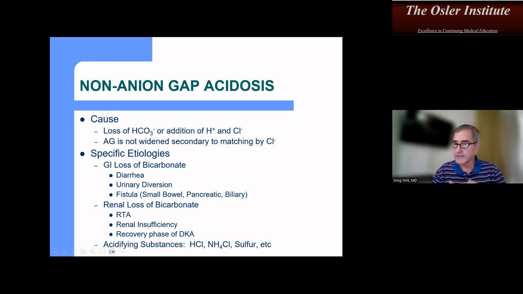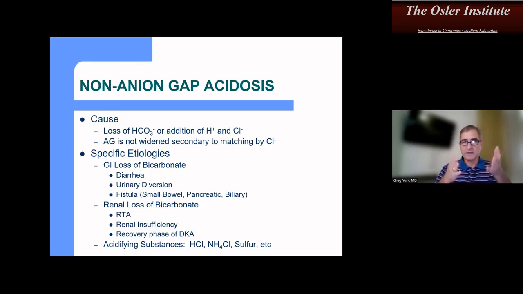And the reason, like I said, you get this is because let's say you have someone who has excess chloride in the body. If you have a lot of excess chloride, then that would give you an anion gap in your calculations. If your sodium is 140 and your bicarb's 24 and your chloride is 115, then you're going to have an anion gap acidosis.